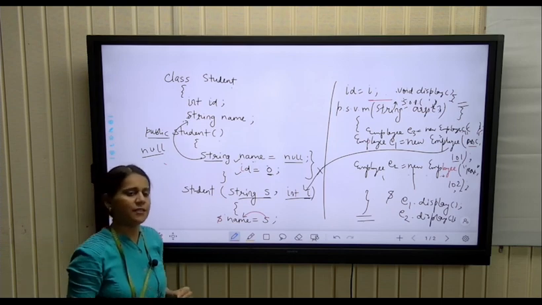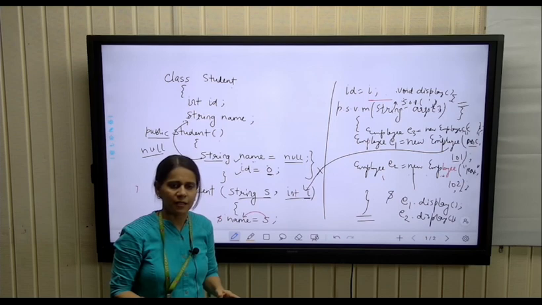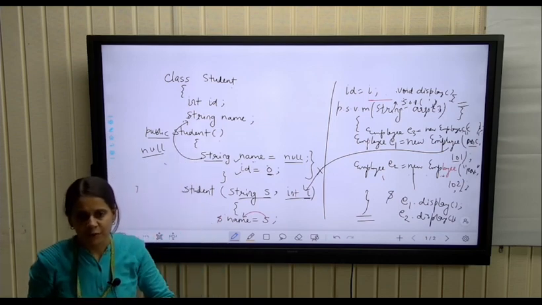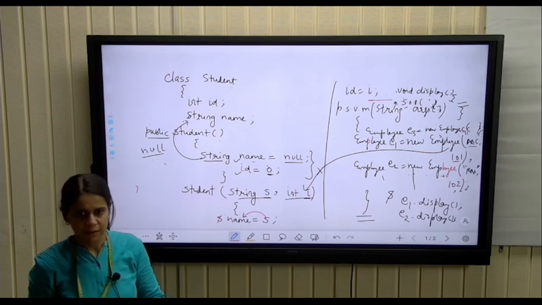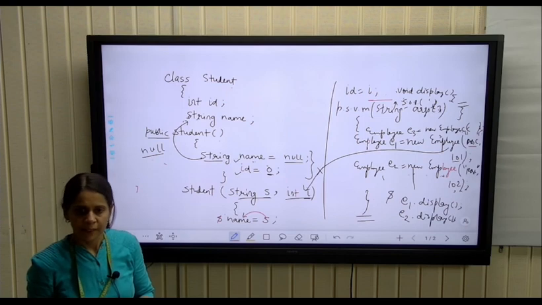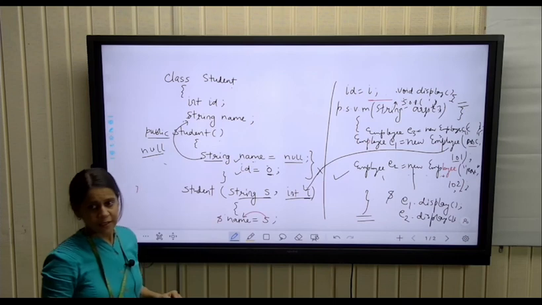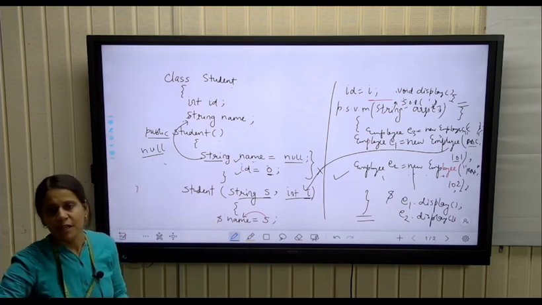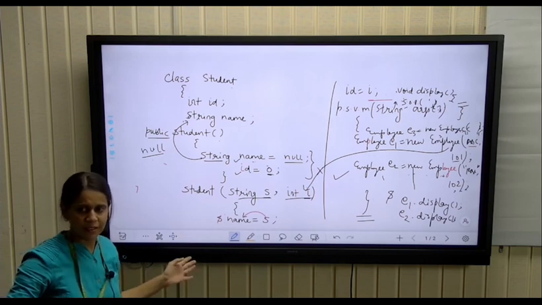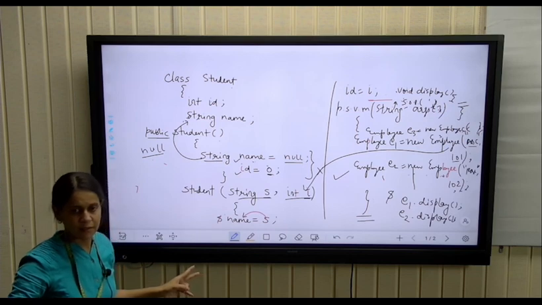Means if we have extra lines of code, the efficiency of your code will decrease automatically, right? कोशिश ये करनी है, that good practice is to write the lines of code in minimum number so that your code will be efficient. Clear? So this is what a constructor is, and this is how we use constructors, and we are covering this topic, that constructor types, that is no-argument constructor and parameterized constructor. Clear?